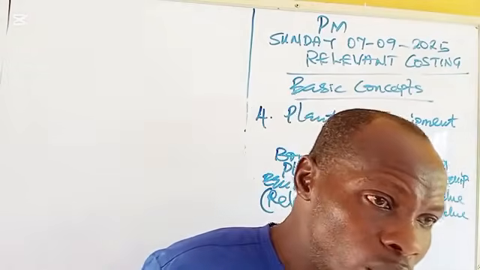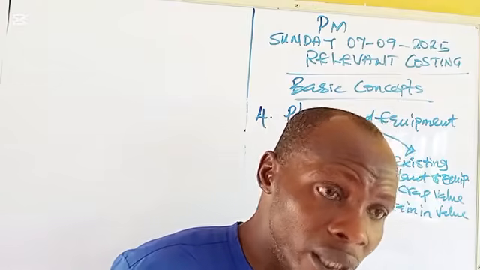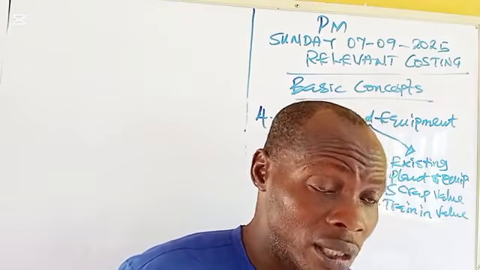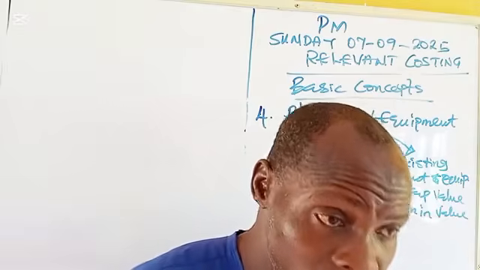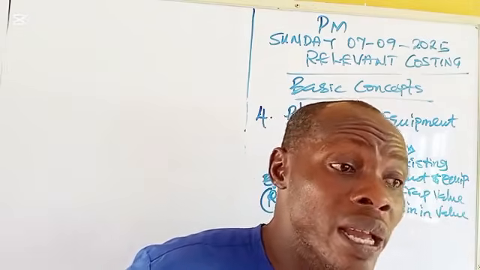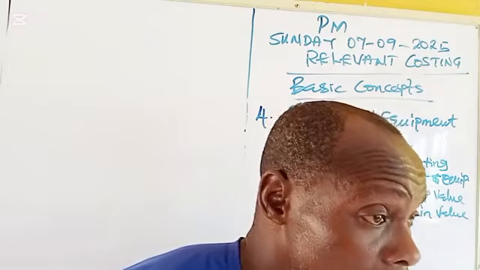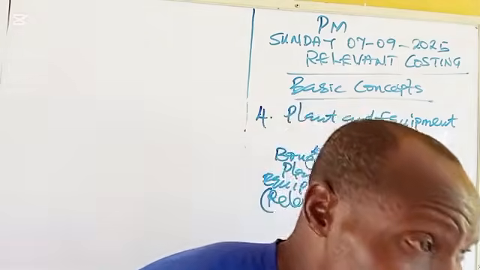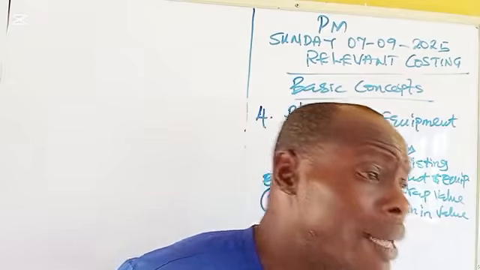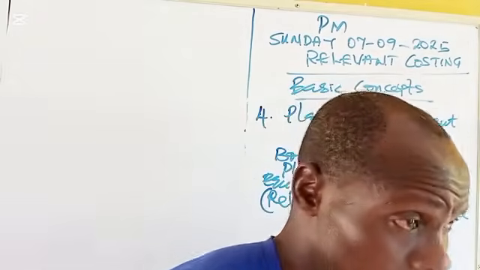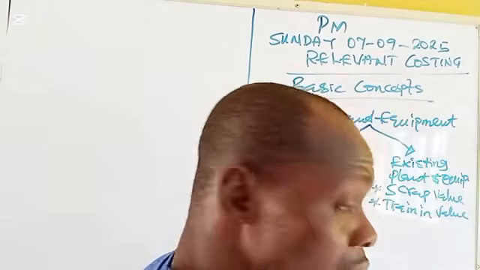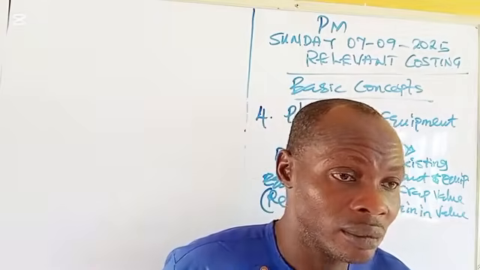Even if you force it to do that job or contract, you may be incurring heavy maintenance cost that is out of proportion. Instead of keeping it, you might decide to sell it.